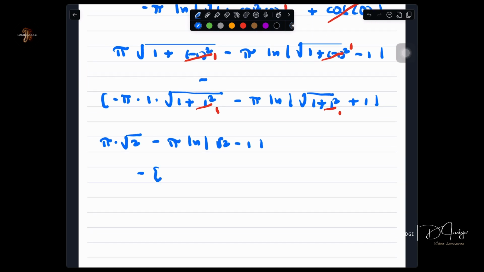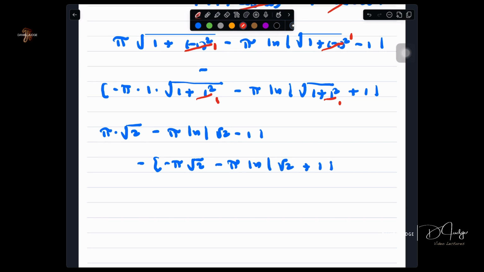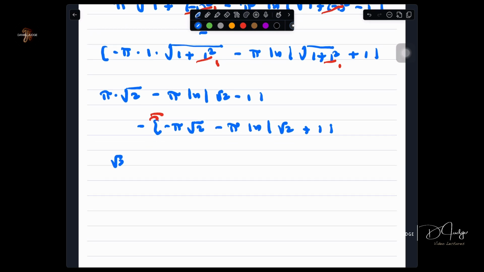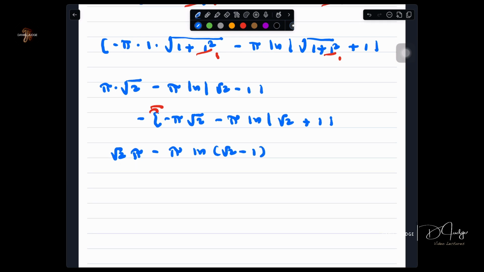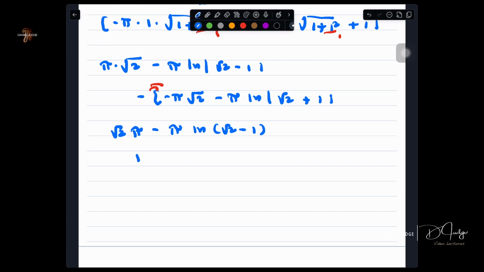minus, okay, negative pi square root of 2 minus pi natural log absolute value square root of 2 now plus 1. Let's now distribute the negative sign. Square root of 2 pi. We're going to change the order there. Minus pi natural log. The square root of 2 minus 1, by the way, is positive, so I'm going to remove the absolute value sign. Now, minus and minus makes that plus.